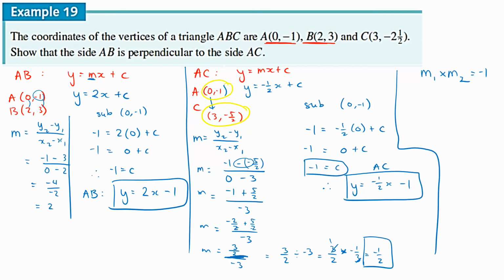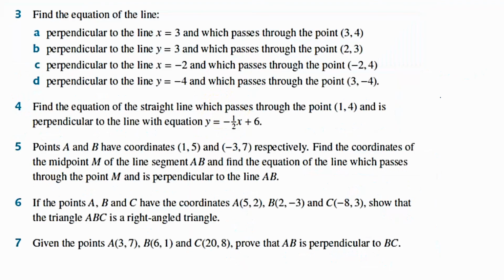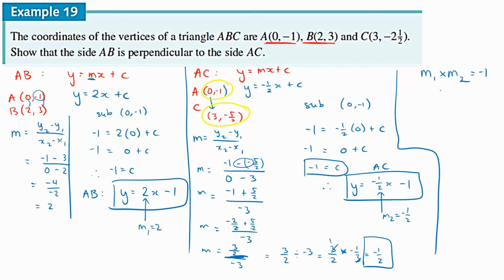This one has a gradient of 2, M1 has a gradient of 2, and this one has a gradient of negative half. So let's test it. M1 was 2 times negative half equals, half of 2 is 1, 1 times negative 1 is negative 1.